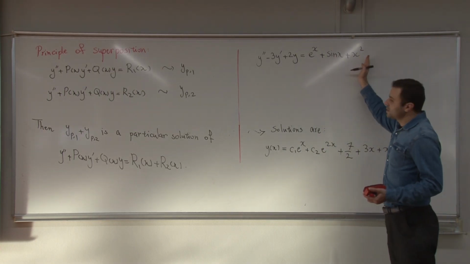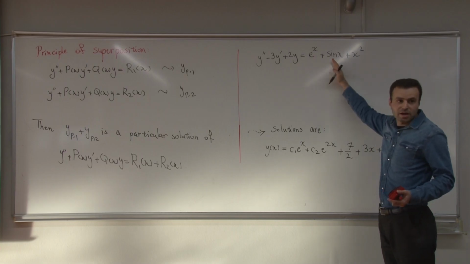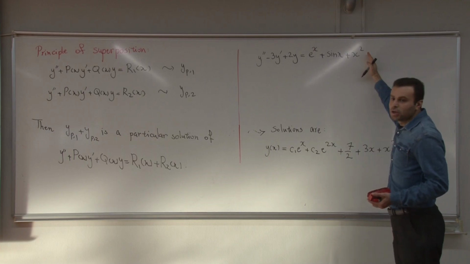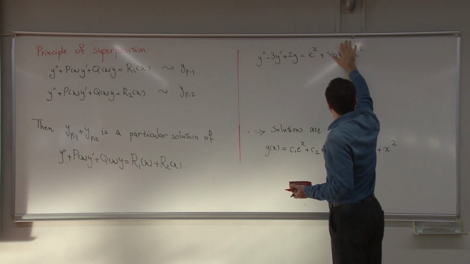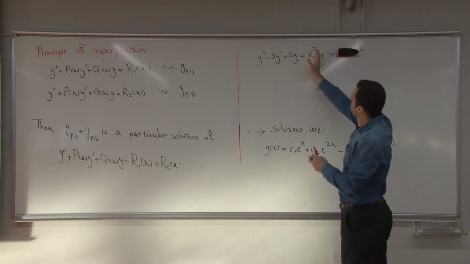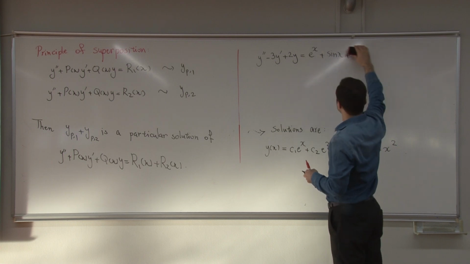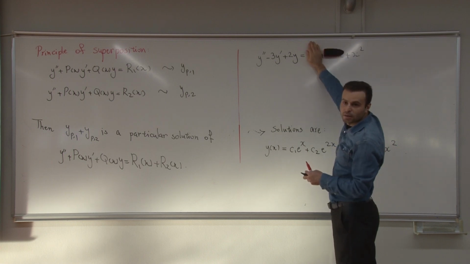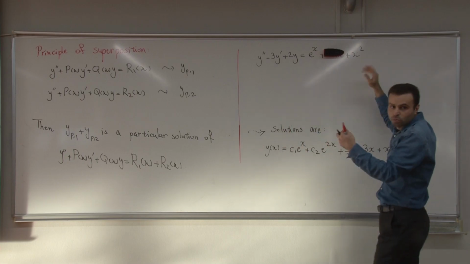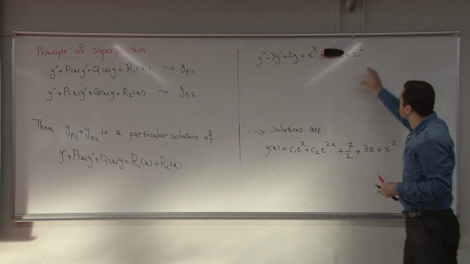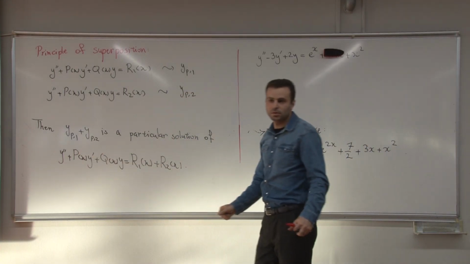For this kind of cases that we have addition of exponentials, trigonometric functions of sine and cosine, and some polynomials, you can treat this as separate equations. This is a separate equation and this is a separate equation. And for each of them, whether it is 1, 2, 3 or more, find particular solutions and then add them together. Okay?